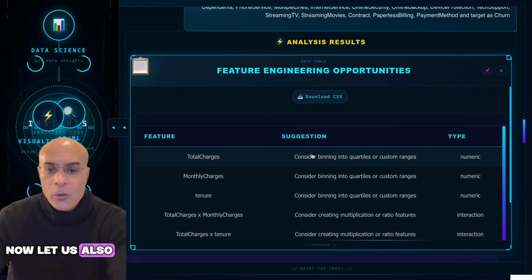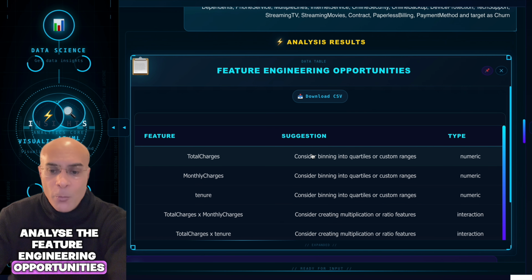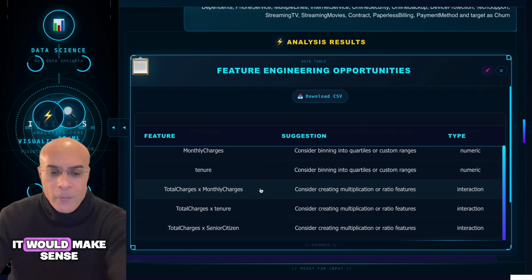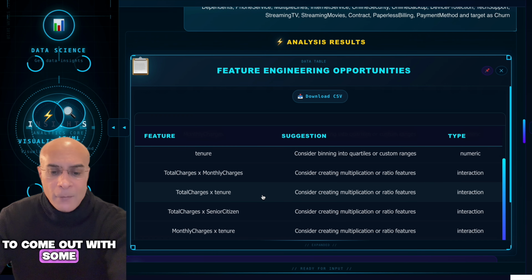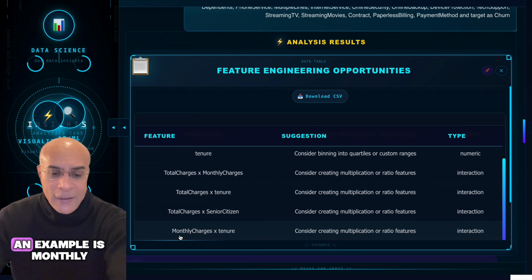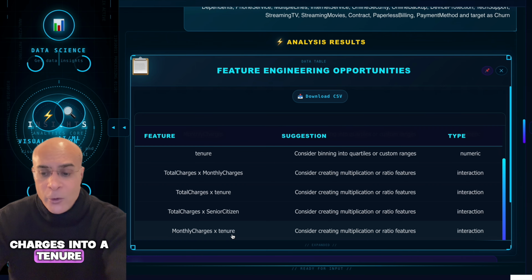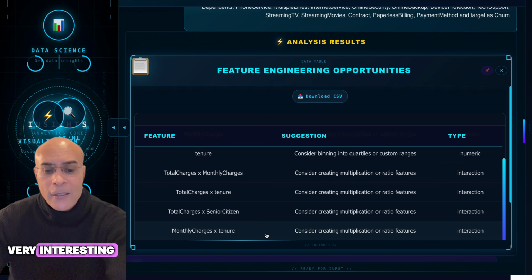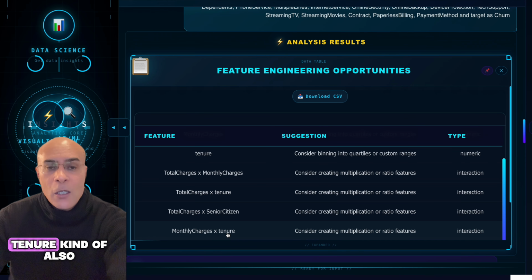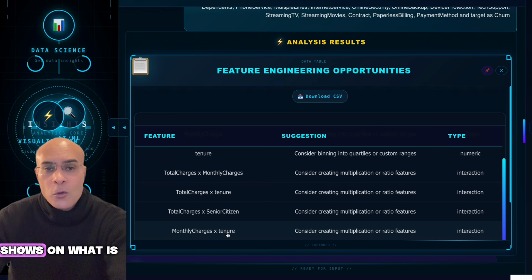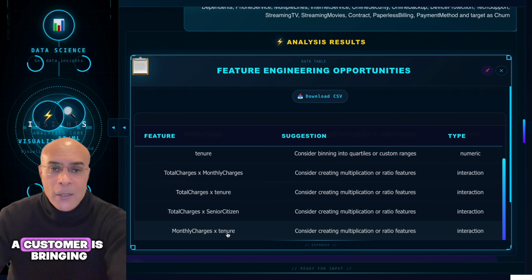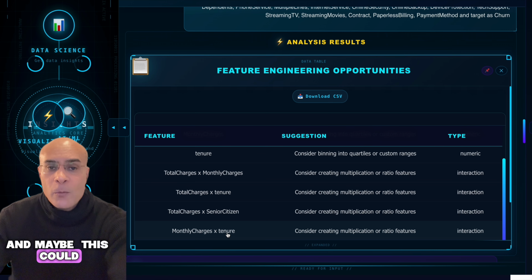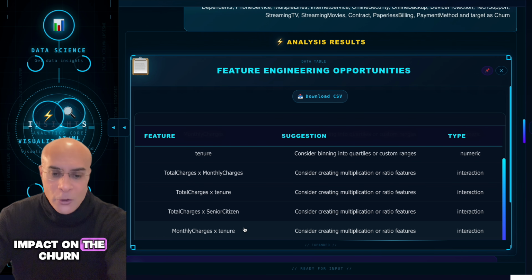Now, let us also analyze the feature engineering opportunities. For example, here we can see that it would make sense to come up with some creative features, and an example is monthly charges times tenure. This is an interaction feature, and it could be very interesting because monthly charges times tenure also shows what value a customer is bringing to the telecommunication company, and maybe this could also have an impact on the churn.